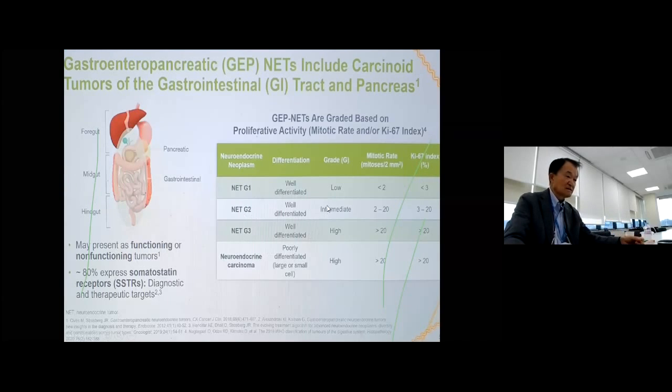Grading here is based on mitotic amount, and then this proliferation marker all correlates. Functioning versus non-functioning, but 80% express somatostatin receptor, usually most commonly 5 and 2.